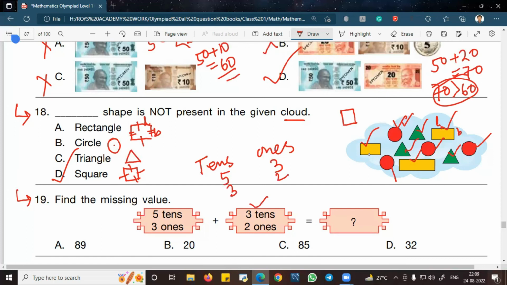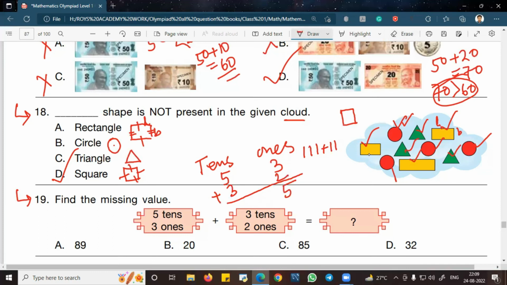So if we add this, what can we get? In that place we get the value of 3 plus 2. So 3 plus 2 means 1, 2, 3, and we are adding 2, so that means we get 5. We follow the same thing.